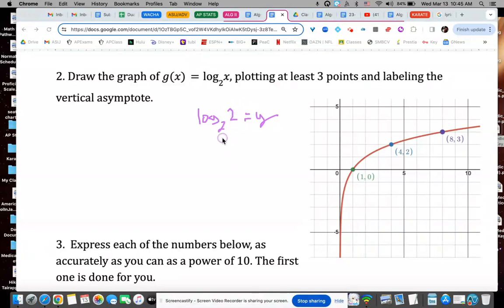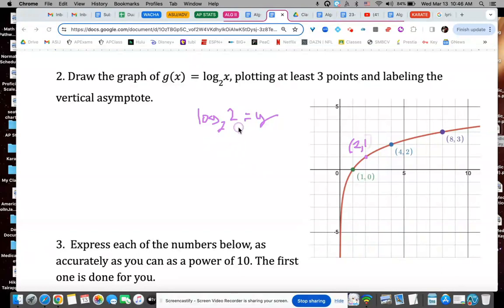So 2 to the first power is equal to 2. That's really not shown on here, but it is a point, like this point right here. It's always backwards, right? The x value is 2, and then the y value is 1. 2 to the first power is 2. 3 wouldn't come up very nicely because it's not a power of 2.